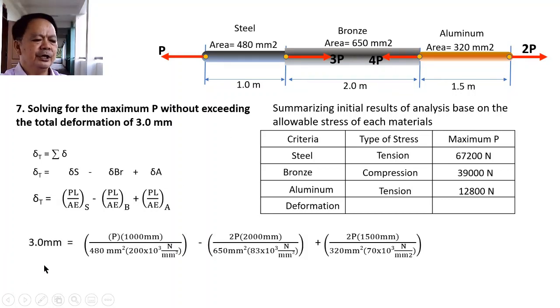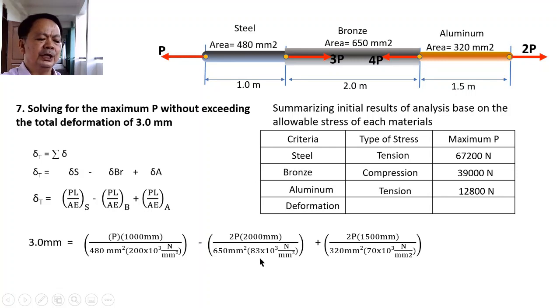So when the values are substituted, this equation becomes 3 equal to P times 1000 divided by 480 millimeter square divided by 200 times 10 cube Newton per square millimeter. This is actually equal to 200 gigapascal, because 200 gigapascal is also equivalent to 200,000 megapascal. And so when we substitute into the equation, that becomes 200 times 10 cube Newton per square millimeter.